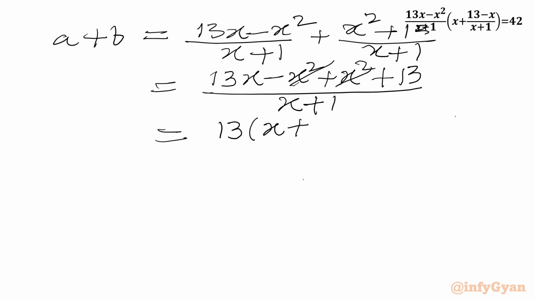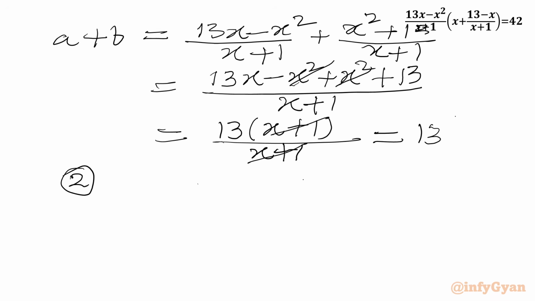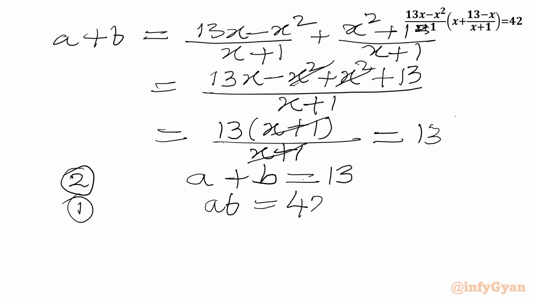So there would be x plus 1 in the bracket, and in the denominator we have x plus 1, which we will cancel. This will be equal to 13. So our second equation would be a plus b equal to 13, and our equation 1 is a times b equal to 42.